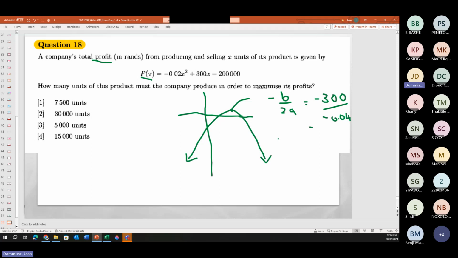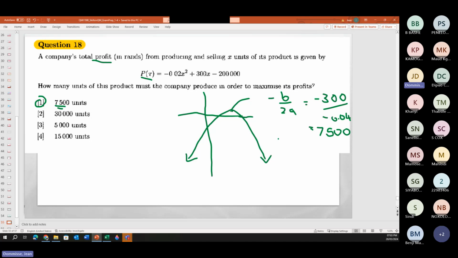Okay, so let's look at what that gives us. 300 divided by 0.04 gives us 7500. Okay, so that is one way of getting to the number: at the turning point, remember minus b over 2a.